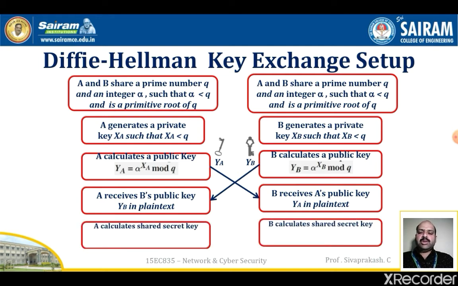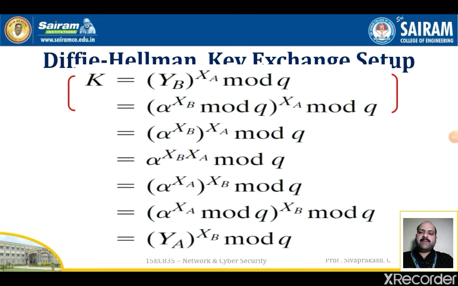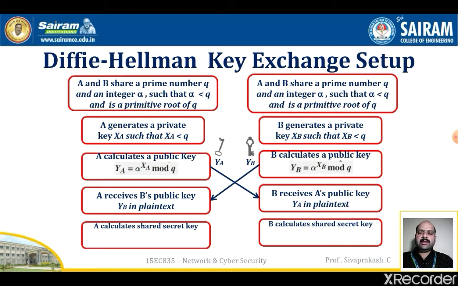Then both user A and user B calculate the shared secret. With the formula K is equal to YB to the power of XA mod q, A calculates the shared key. For user B, K is equal to YA to the power of XB mod q.